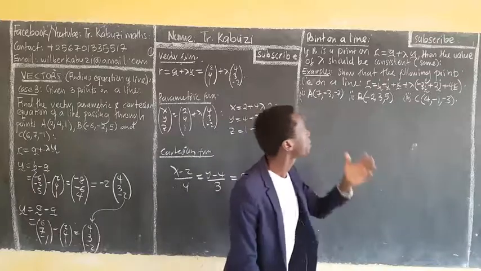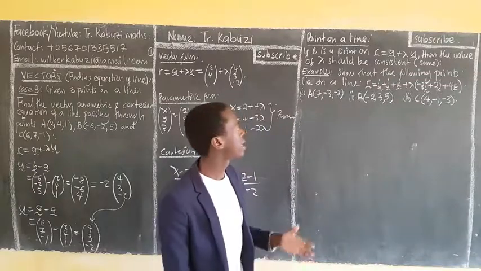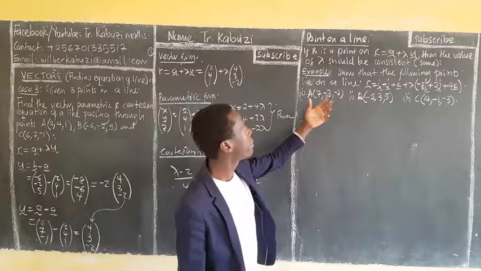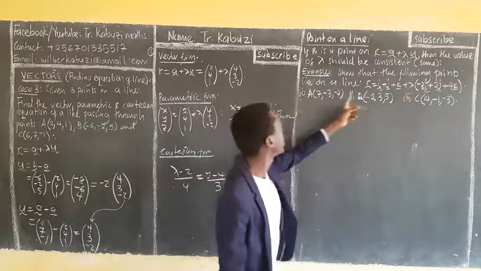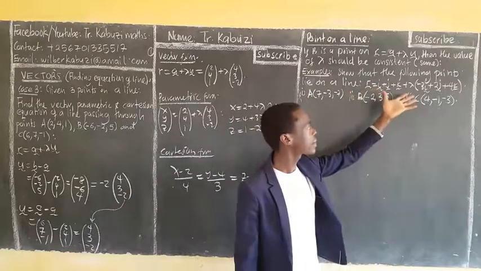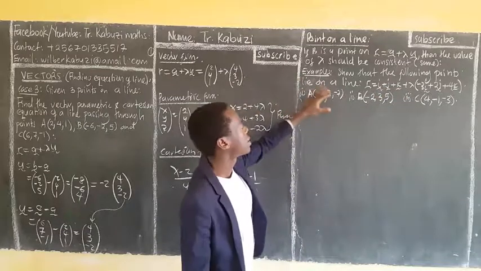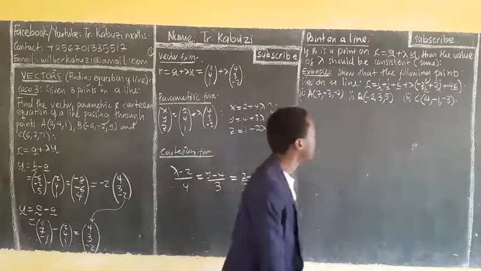We are going to see how we check that the value of that parameter is consistent. In the example, show that the following points lie on the line. They are giving our line in vector form. I'm going to show for this one, and you will do the last two.